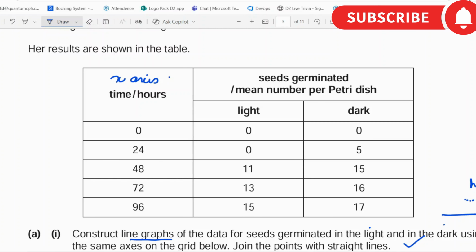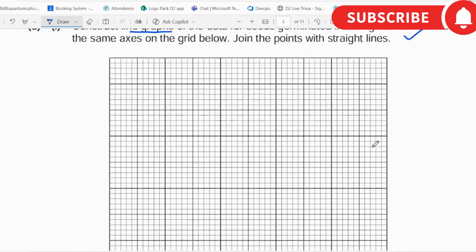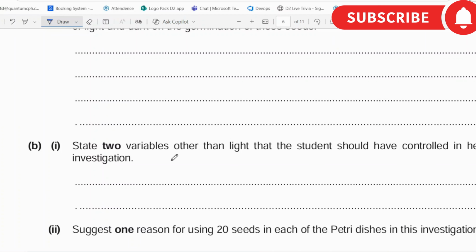So we say that germination started earlier in the dark as compared to light, and what can be written after 24 hours? Why don't you give values for 24 hours, where one is 0 and another is 5? Check the marks of this question. This is of only 2 marks.